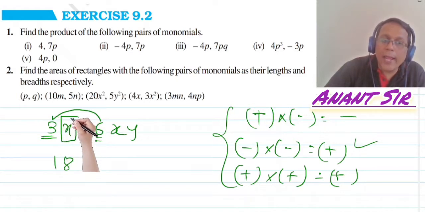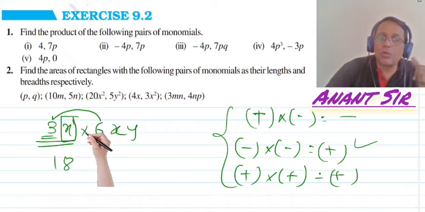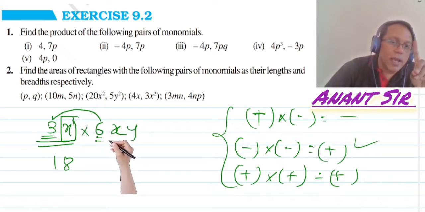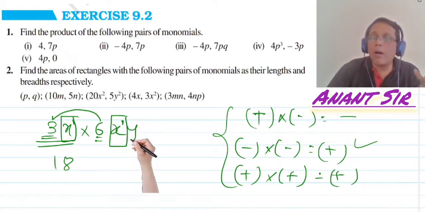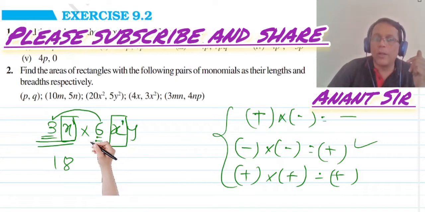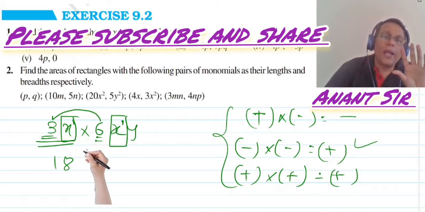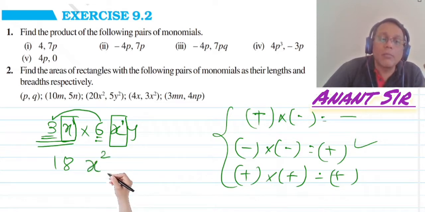How many x were there in the first term? There was no power, that means it was 1x. In the second term also, what is the power of x? Nothing, that means it's also 1. So in all there are 2 x's, x into x is nothing but x square.